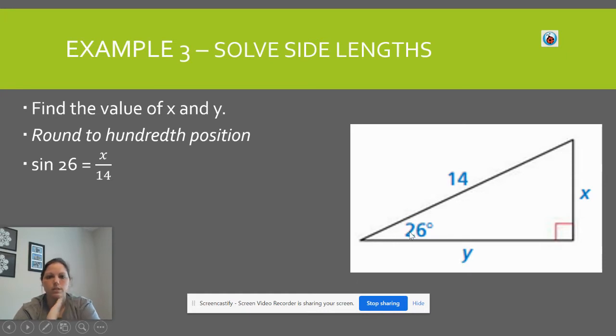So the sine of 26 is equal to x over 14. We cancel the fraction by multiplying 14 on both sides, and then we put that in the calculator, 14 times the sine of 26.